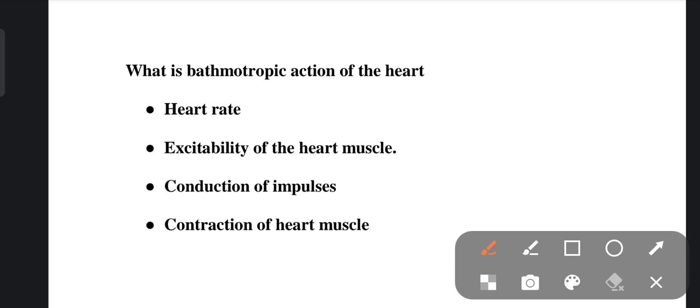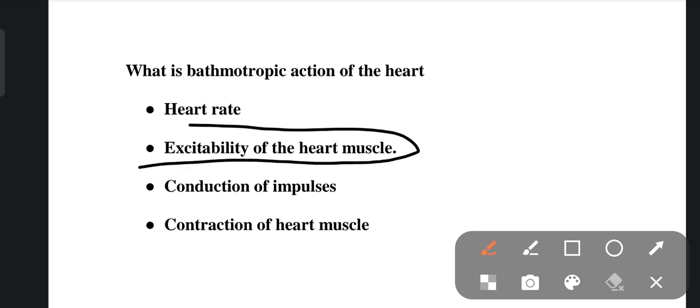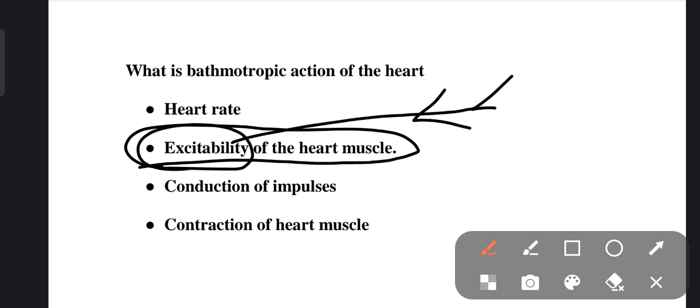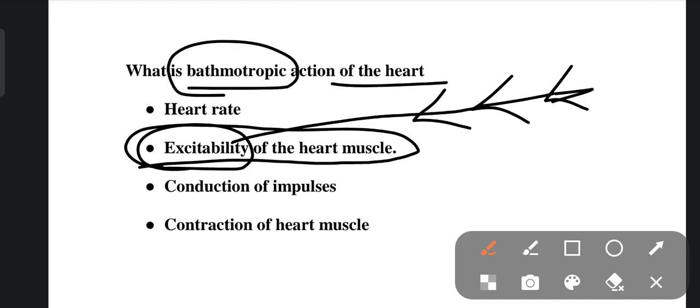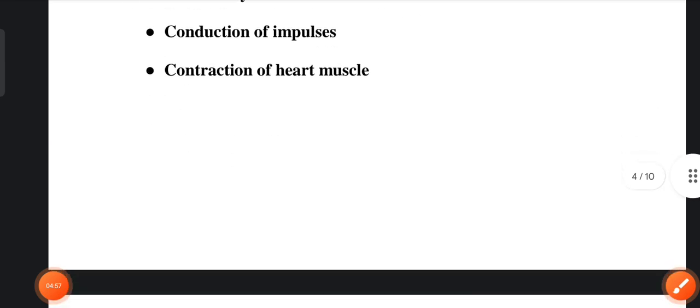The right option is the excitability of the heart muscle. So how does it happen? Excitability is by taking impulses from the pacemaker. When the heart muscle is excited, excited is nothing but taking impulses and becoming stronger or contracting, that is called bathmotropic action of the heart.